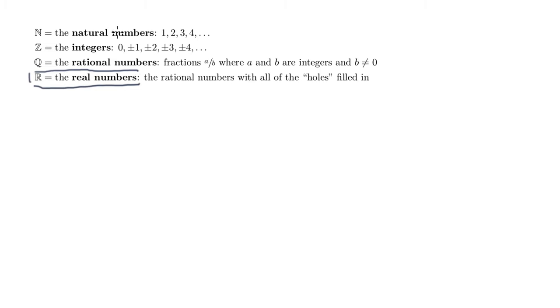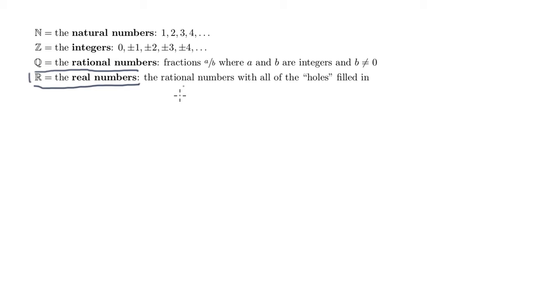Well, it's pretty easy to follow how to define the rational numbers if you believe there are these things called the counting numbers that allow us to enumerate sets, and then the integers, you just sort of generalize, you add in 0, which was a big deal. You added negative numbers, which was also a big deal. And then you just take quotients of those to get the rational numbers. But what are the real numbers? Well, the real numbers are just the rational numbers with all of the holes filled in.